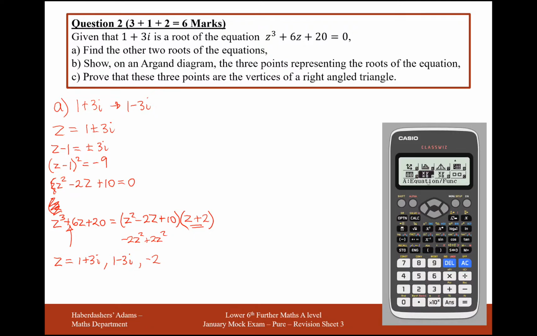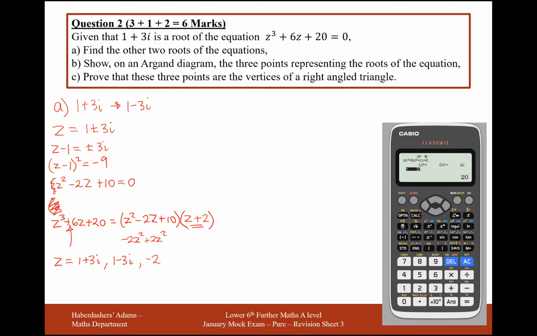If you go to menu, down to option A, press enter, press polynomial, option number 2, click on a cubic polynomial, so degree 3, and type in your coefficients. With this one, be careful, it's 1 z cubed, 0 z squared, 6 on the x, and 20 here.